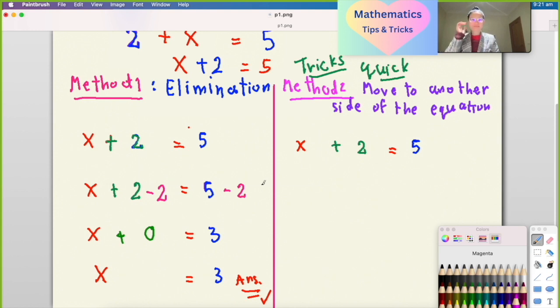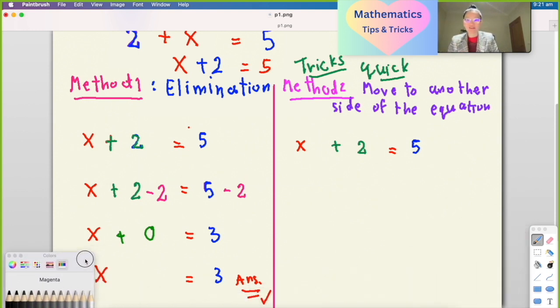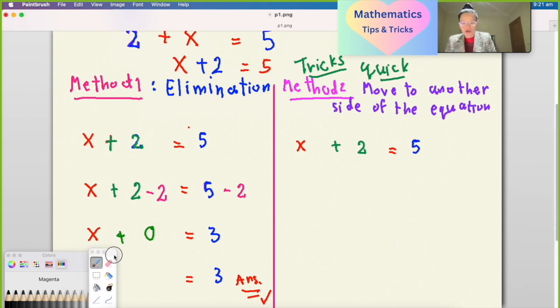Right now we can move to another side of the equation, which is much quicker, but you need to understand this concept. Grace, write down with me: if you have plus and you move it to the other side of the equation, it's going to be minus, subtract. If you have subtract and you move it to the other side, it's going to be plus.